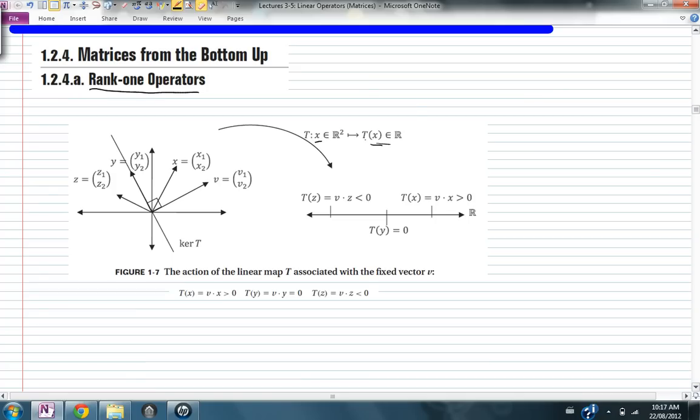Now T of x, where x belongs to a two-dimensional vector space, which means x has two components, x1 and x2. I can write this linear map as v1 x1 plus v2 x2. Now let's look at the vector v, which is equal to v1 and v2. So this is the vector v.